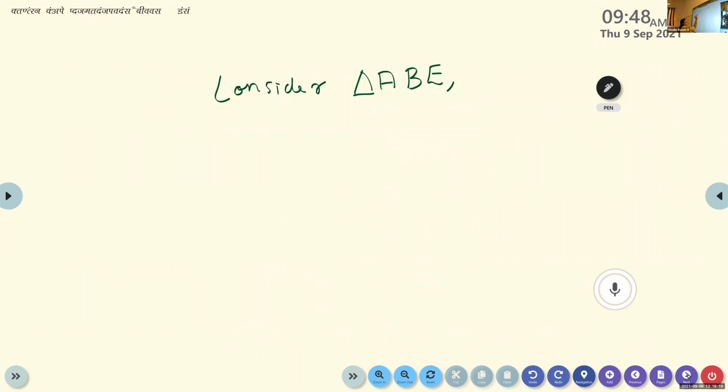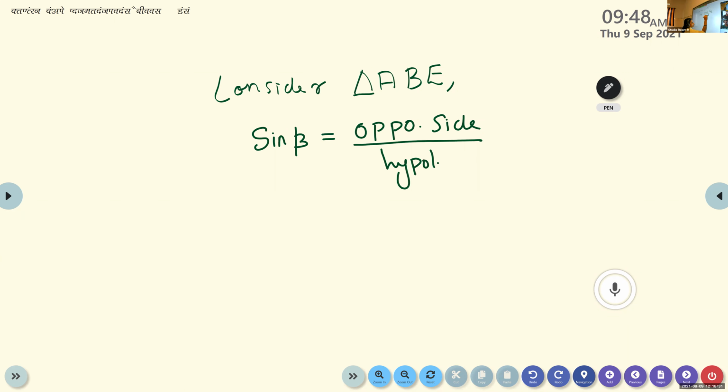From the triangle ABE, sine beta is equal to, again, opposite side divided by hypotenuse. What is the opposite side here? AE. The hypotenuse is AB.